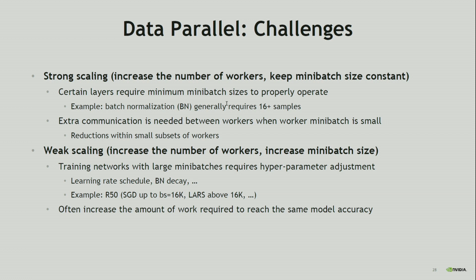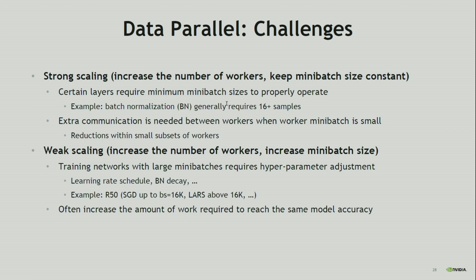One of them is that, well, one thing that will happen is each worker will get smaller and smaller mini batch or sub-mini batch as you scale out the system, right? Because the overall global batch size is fixed. Certain layers, such as batch norm or batch normalization, require a minimum number of samples to operate properly. So as a very rough rule of thumb, batch normalization requires 16 or more samples to operate properly.